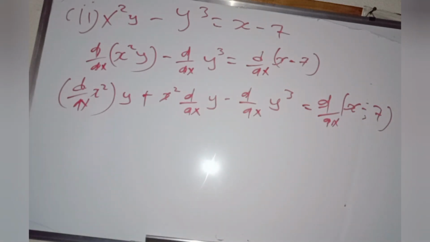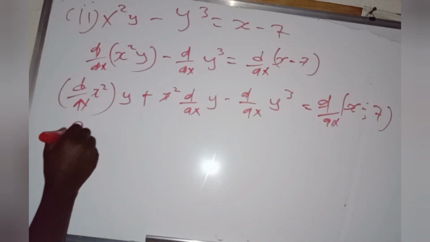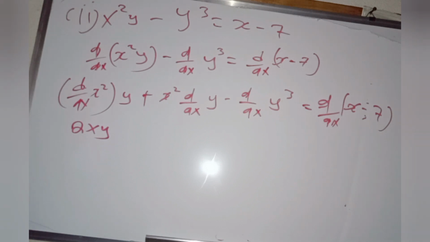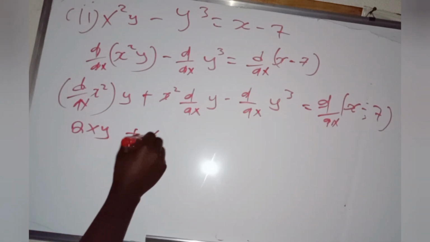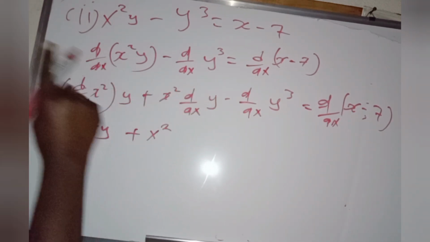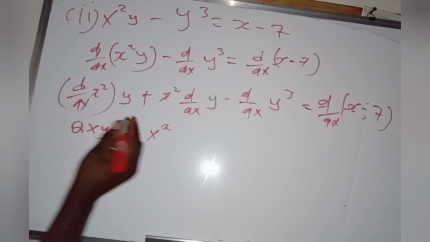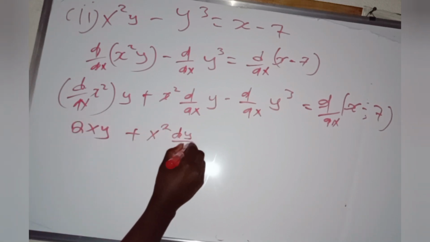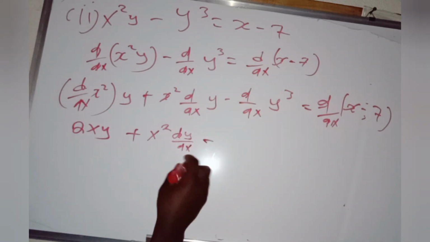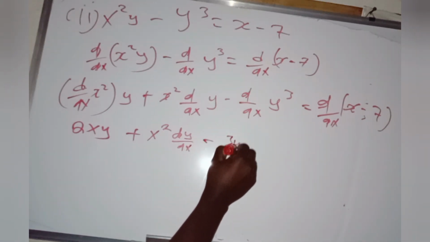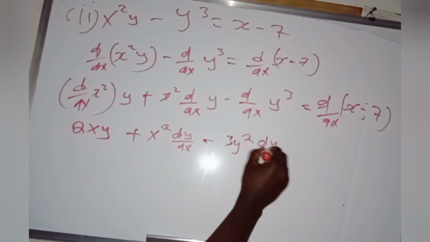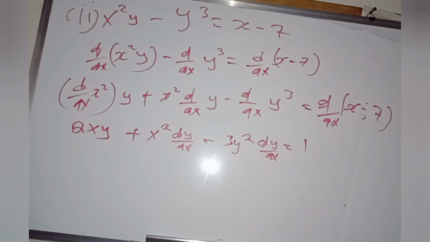So the derivative of x squared is 2x multiplied by y, plus x squared, the derivative of y is dy over dx, minus 3y squared dy over dx is equal to 1.